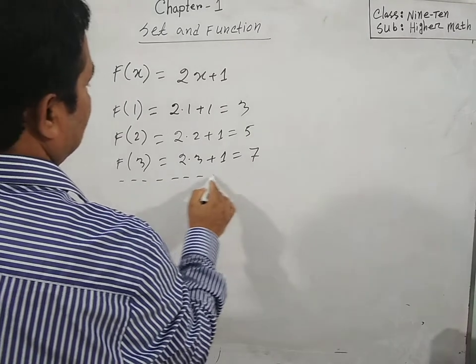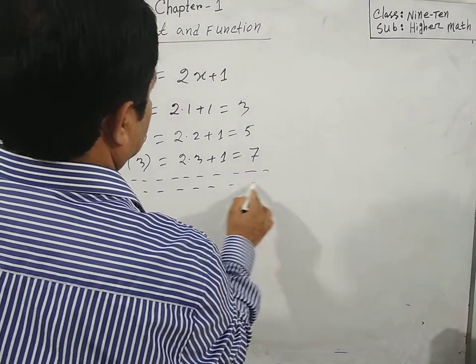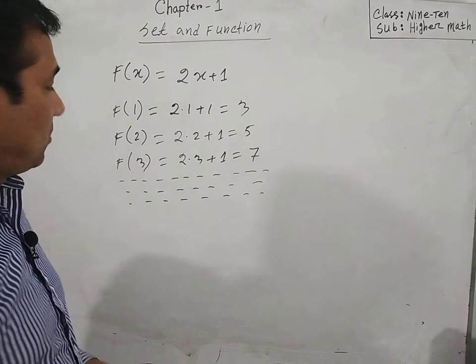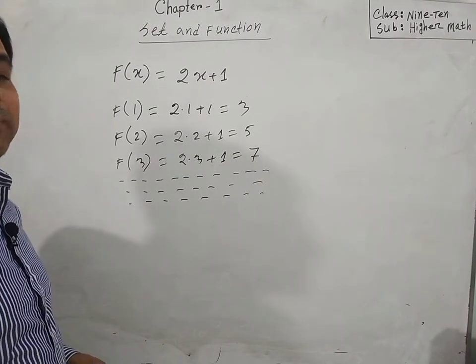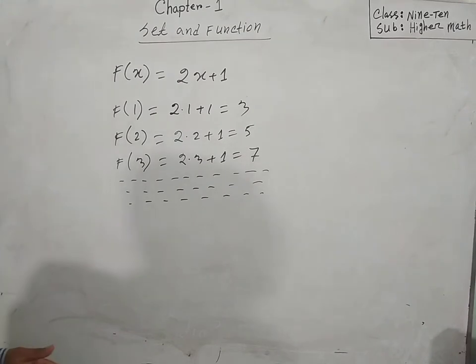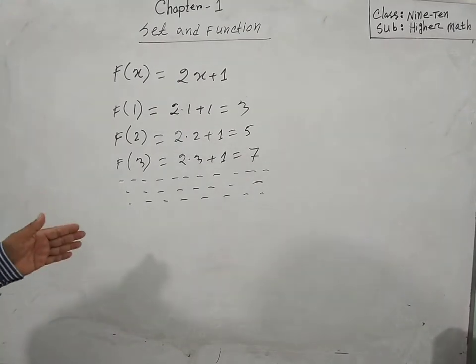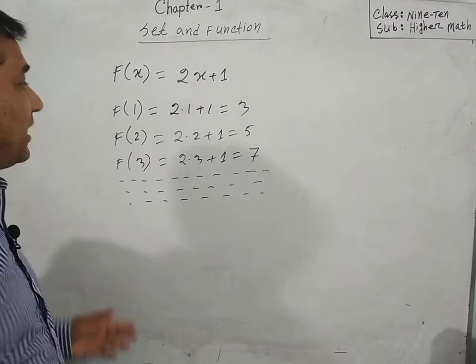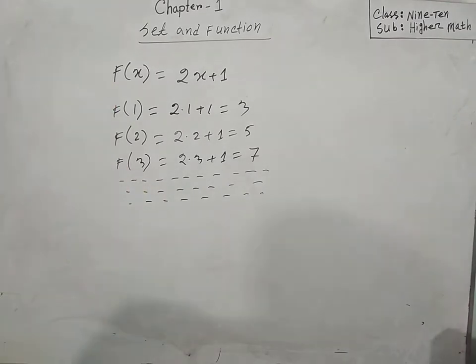It is up to infinity. It is not possible to write all values of x because it is up to infinity. Any real values is accepted.